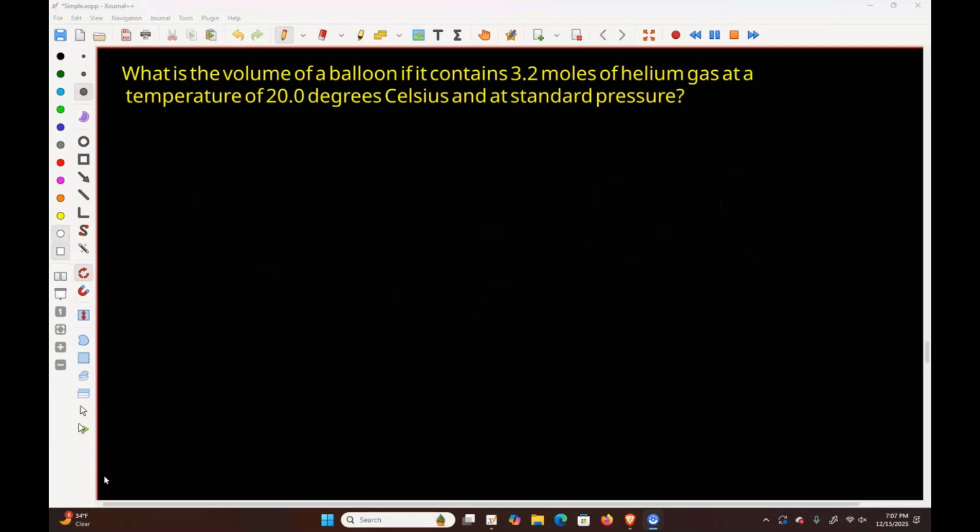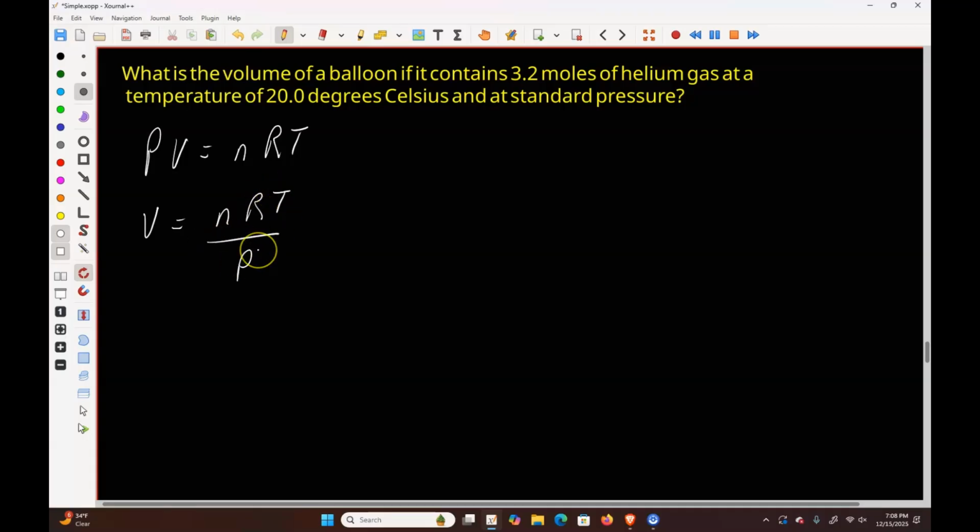What is the volume of a balloon if it contains 3.2 moles of helium gas at a temperature of 20 degrees Celsius and at standard pressure? So we're going to say PV equals nRT. I'm looking for volume, so I'm going to divide both sides by P. Volume is nRT over P. I have 3.2 moles.